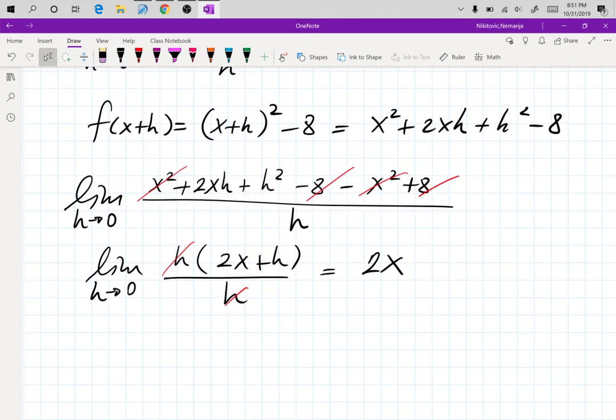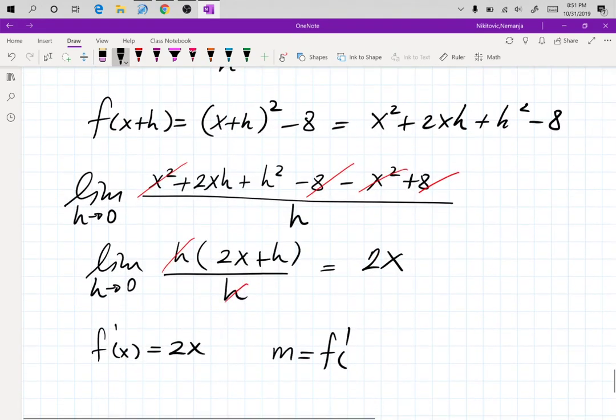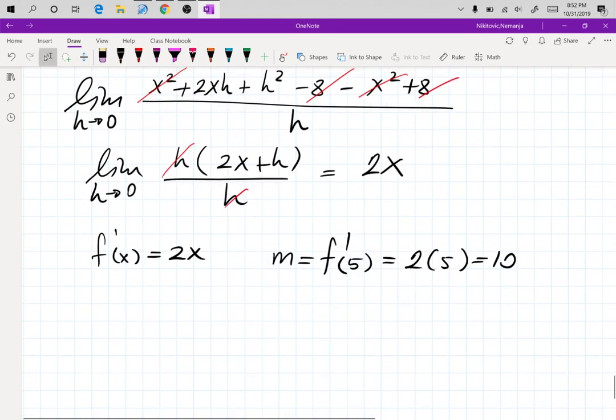And now you plug in, so you know the drill. Because f prime is 2x, m is f prime computed at the point they are interested in, which is 5. So that's going to be 2 times 5, which is 10. The other point is 17, so 5, 17 as a point.